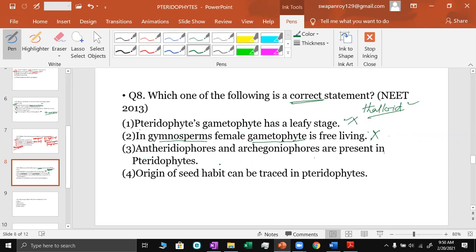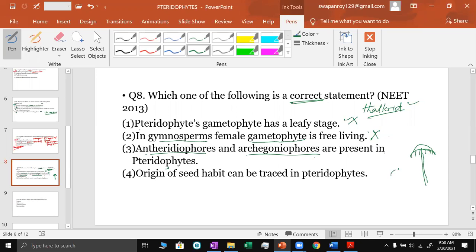Antheridiophore and archegoniophores are present in pteridophyte. Antheridiophore and archegoniophore, this is the stalk on which the antheridia and archegonia are produced.